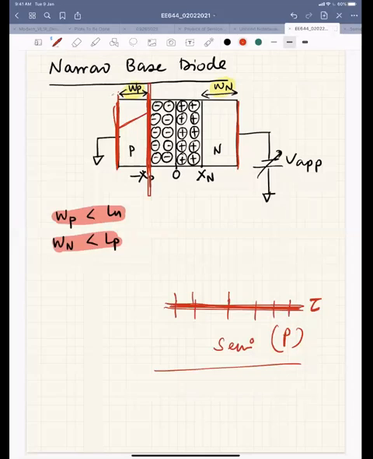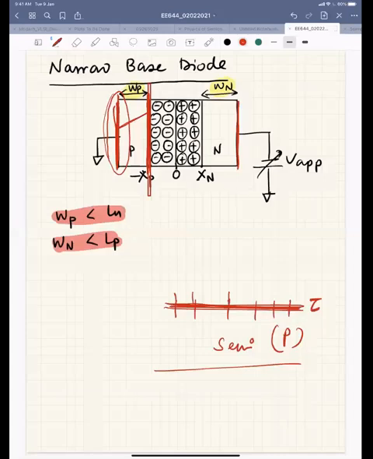So you could assume that the excess minority carriers become zero here. Excess minority carriers are not becoming zero inside the p type region, but they are becoming zero at the metal semiconductor. This is the boundary condition you have to apply for a narrow base diode, right?